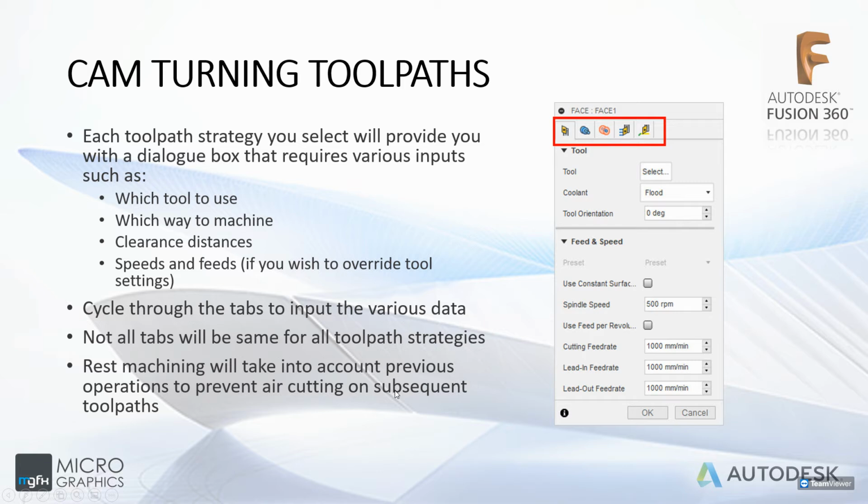We can also define our speeds and feeds if you wish to override the tool setting. So what does that mean? Generally, when you're creating your tool, and we will come to this in the following slides, you would have the option to tell Fusion what speeds and feeds that tool should operate at.